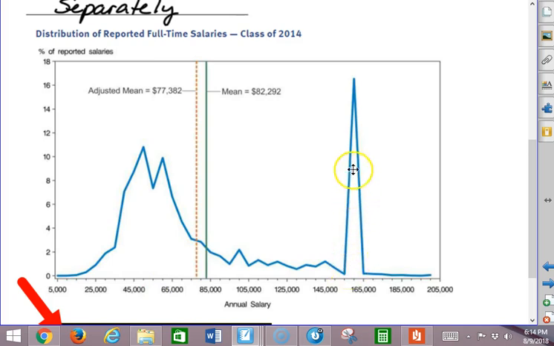This is kind of a small group of lawyers compared to the rest of the graph, even though this is one large peak. But this is probably the starting salary for prestigious partnership law firms. You probably have to go to an Ivy League school, know somebody and that kind of thing to get those jobs as a new lawyer or something higher.